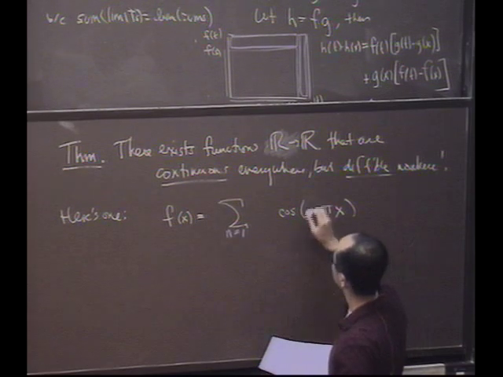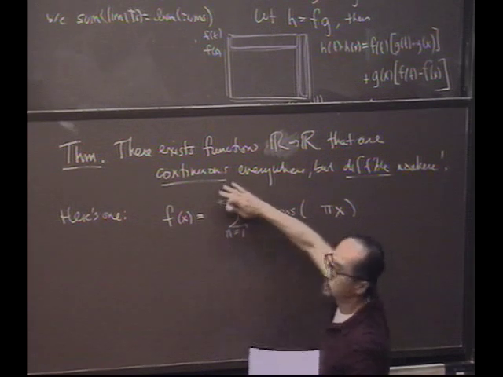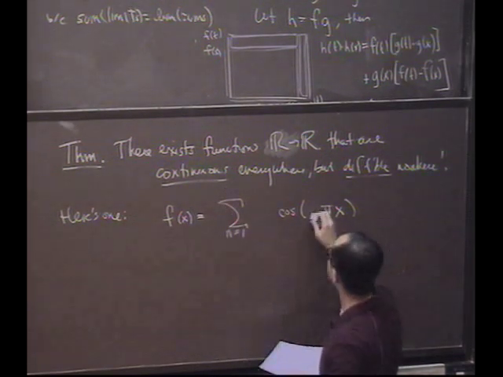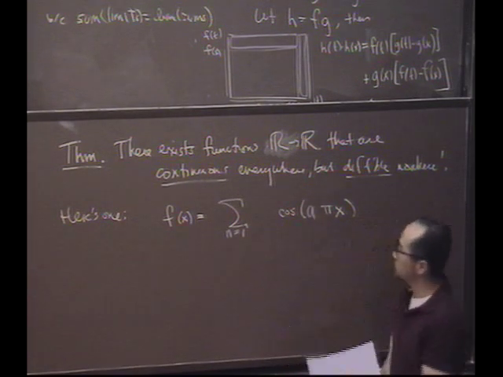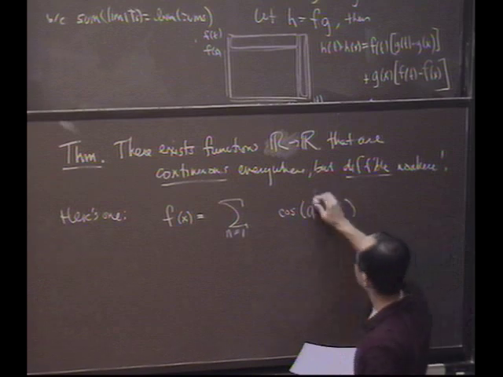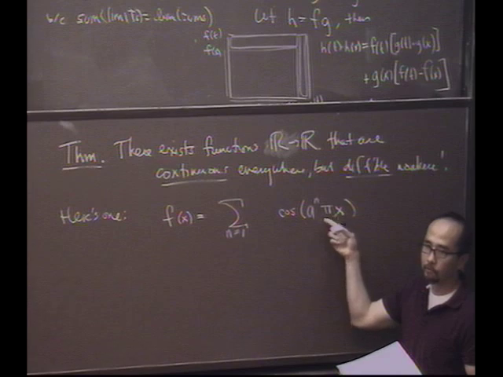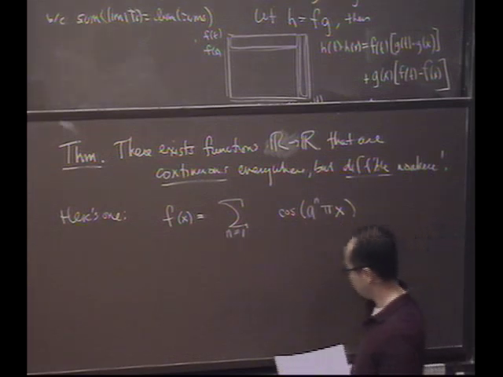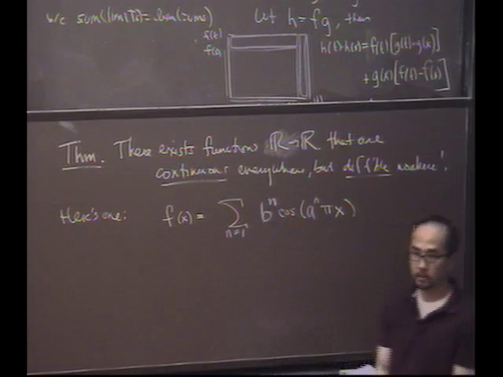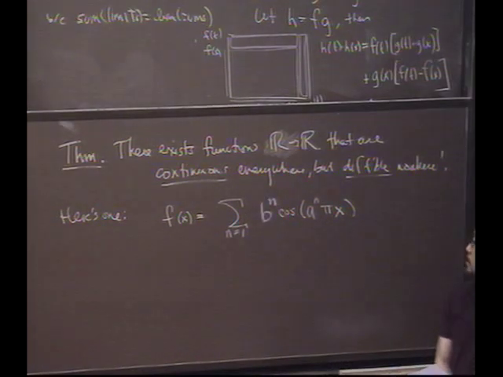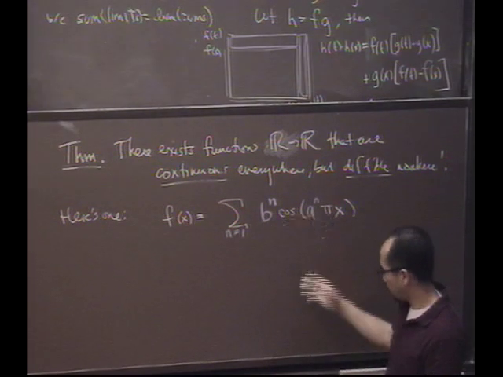And I'm going to let it go to something here. Okay, you have to guess what. I'll give this thing a frequency, raised to the nth power. Then I'll give this thing an amplitude, and I'll raise it to the nth power. And now what am I adding up? Well, these are a bunch of cosine functions, right?